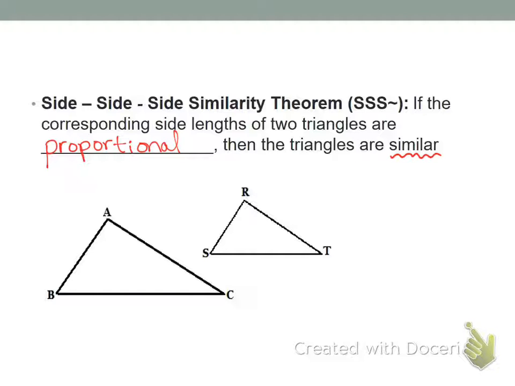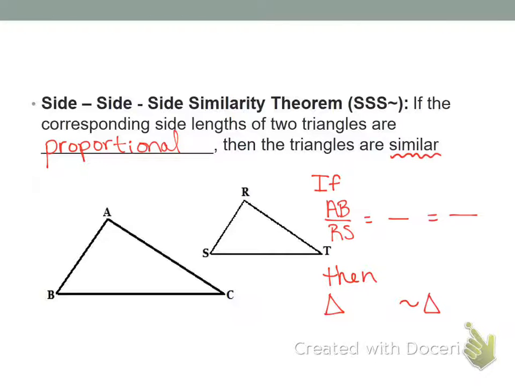So let's write this out in symbols for these triangles. So if I'm going to make a big old proportionality statement, then I'll be able to make a triangle similarity statement. So if, let's start with side AB, that would have to get compared to what side from the other triangle? RS.